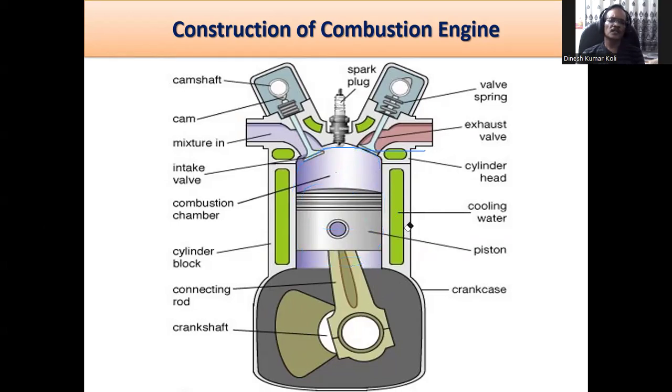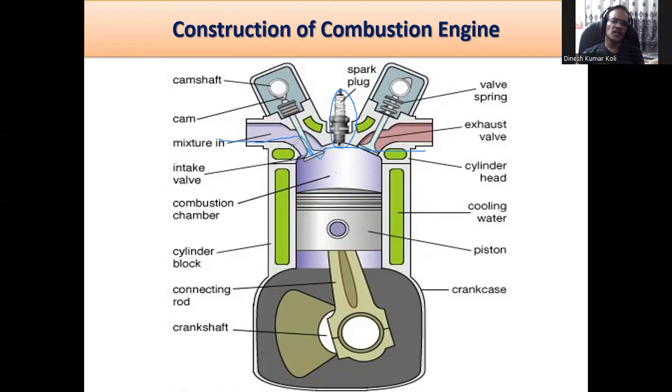Now there are other parts of this chamber. Here there is the spark plug, which is also used in our two-wheelers like scooters and bikes, which is used for giving spark for the combustion to take place in the petrol engine. And here you will see the mixture enters through this portion.